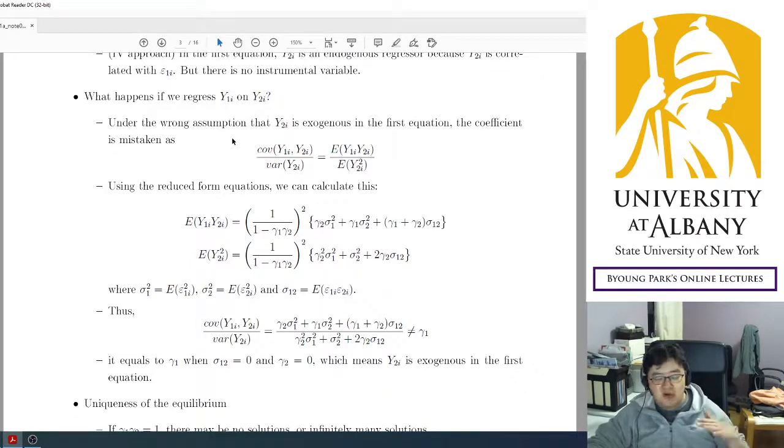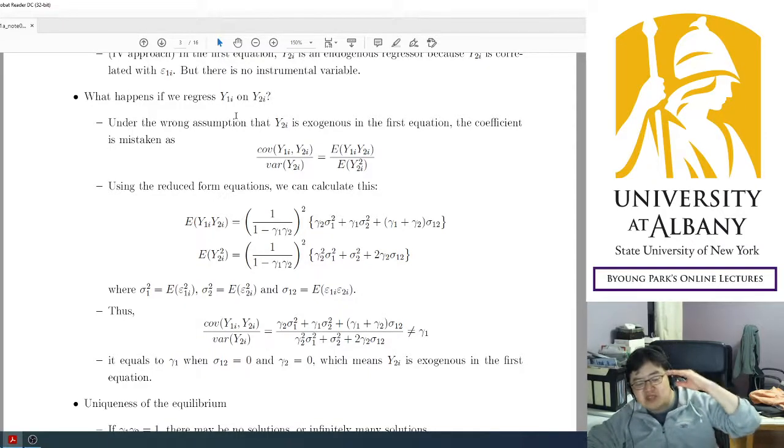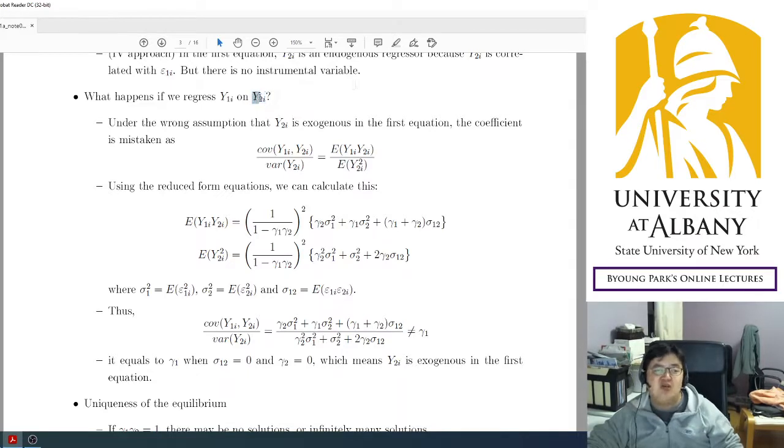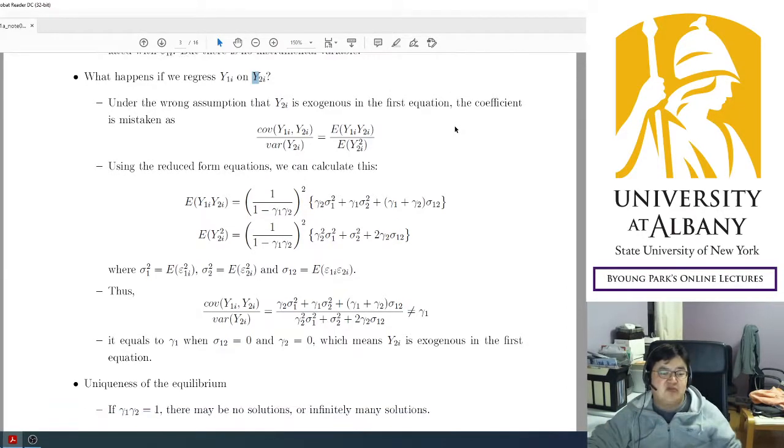If you want to just estimate one equation in the simultaneous equations model, then it may be wrong, especially when you ignore the endogeneity. You have to look at the model first and tell what is endogenous, and then think about that.